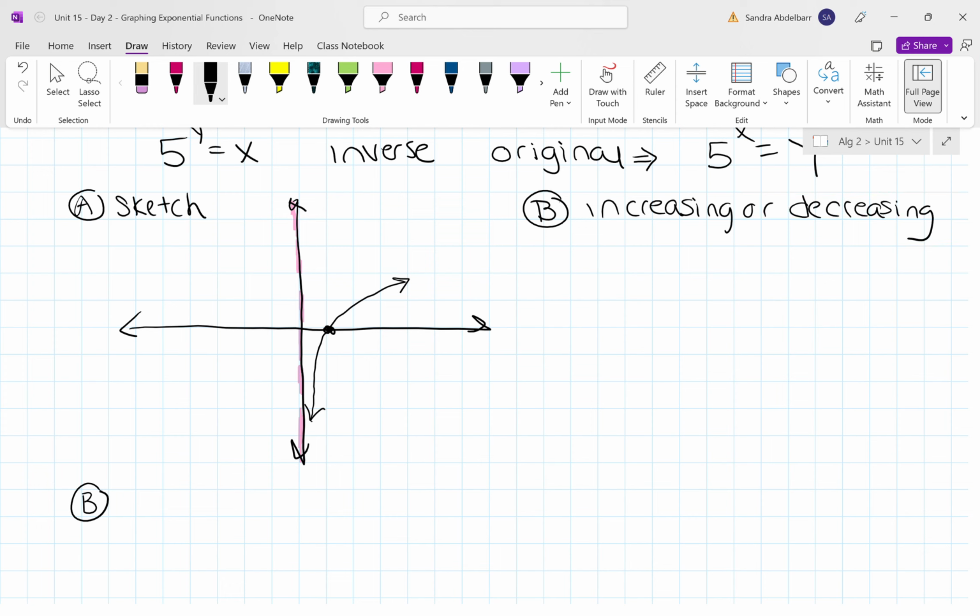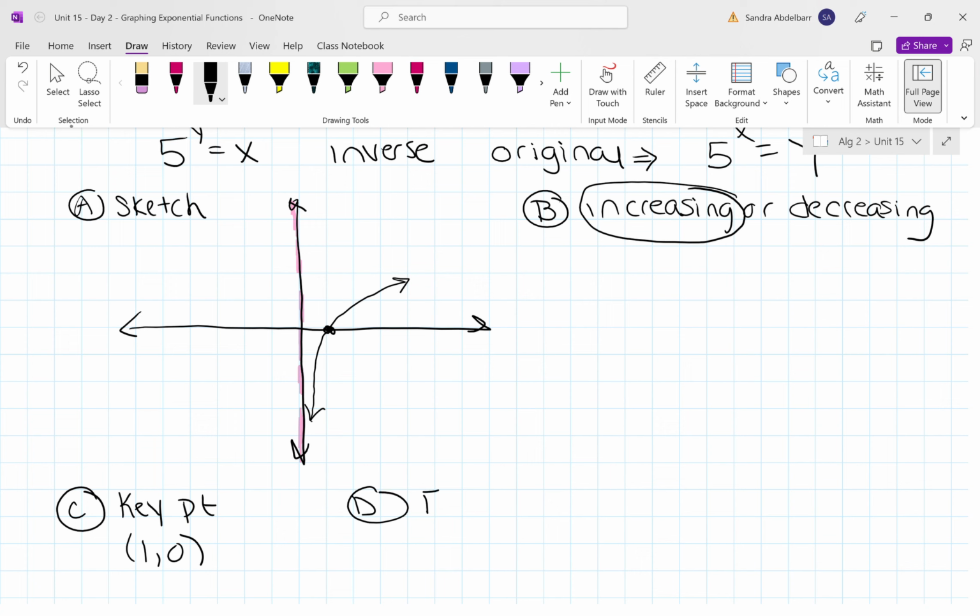For this, all you want to do is read from left to right. Is it going up or is it going down? From left to right, it's going up. So it is increasing. Next question, we want the key point. What is the key point? 1, 0.